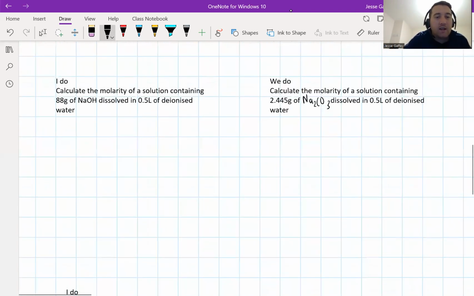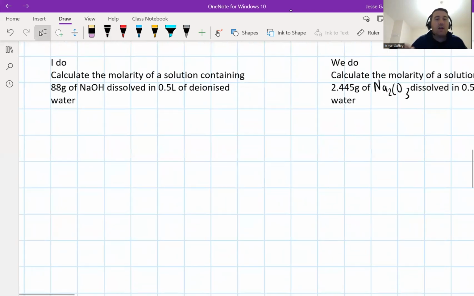All right, I think we're getting down to the nitty-gritty stuff here. Okay, so do stick with me. We're making it a little bit harder here. It says calculate the molarity of a solution containing 88 grams of NaOH dissolved in 0.5 liters of deionized water. Okay, so thinking about the steps that we're going to do here, we have 88 grams, the substance is NaOH, and we have it in 0.5 liters of water.